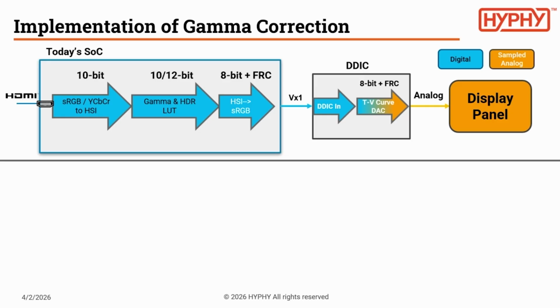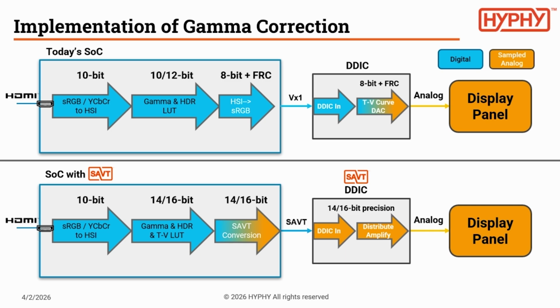And then, after doing 10 or 12-bit, in the best case, transformation lookup table, we go back to our 8-bit transmission system and transmit the 8-bit plus FRC data to the display driver and display that on our analog panel, which doesn't seem great.